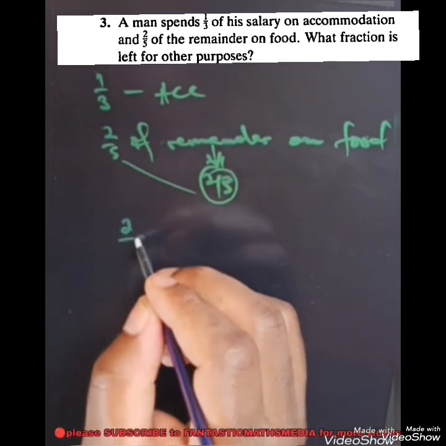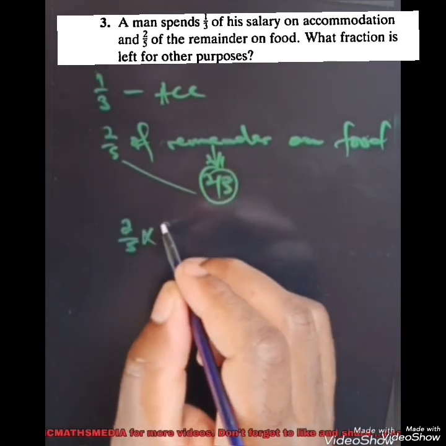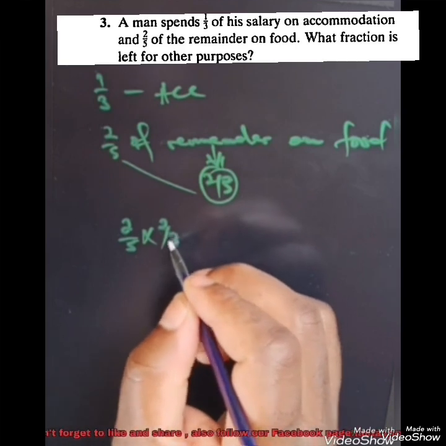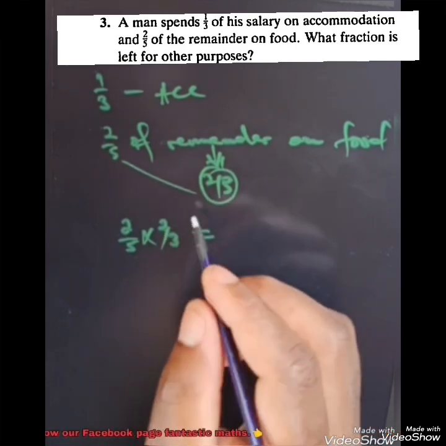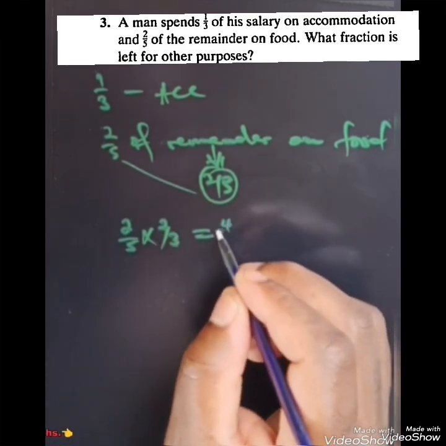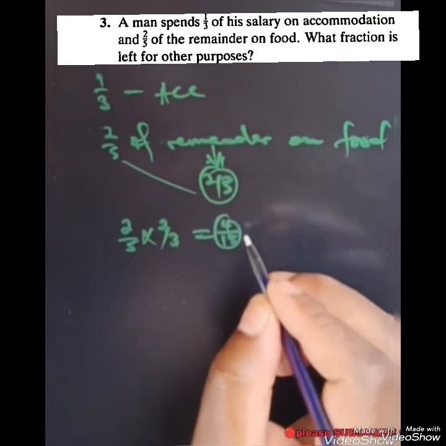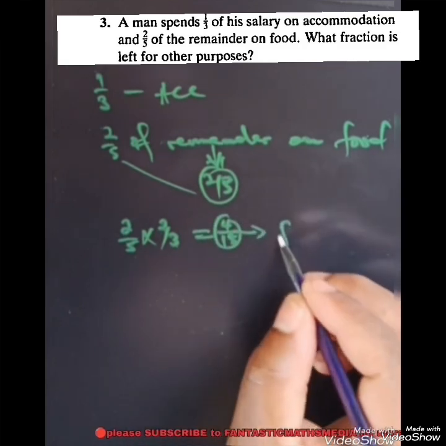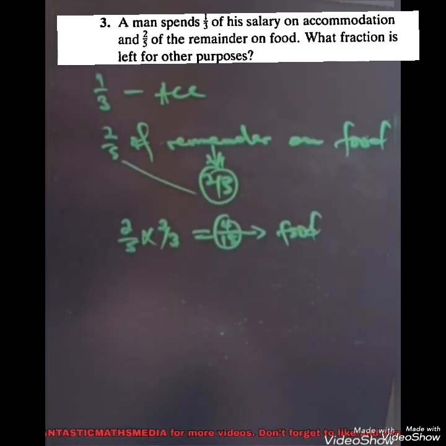Then we multiply 2 over 3 and 2 over 5, so that we get 2 over 5 of the remainder, which is 4 over 15. This is the fraction for food.